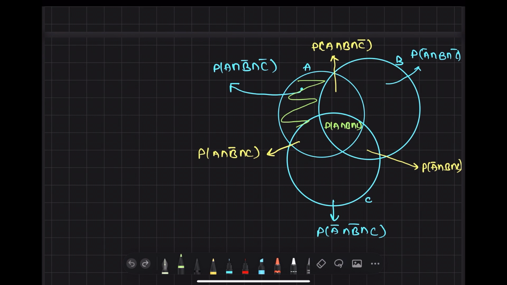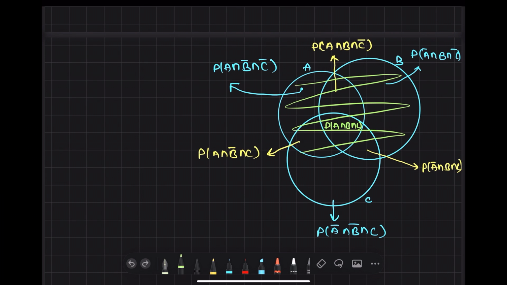If I ask you to find the probability of occurrence of exactly two events, then you will focus on this room, this room, this room. If I ask you the probability of occurrence of three events, you will be focused on this room. At least one means you have to be focused on all of this.